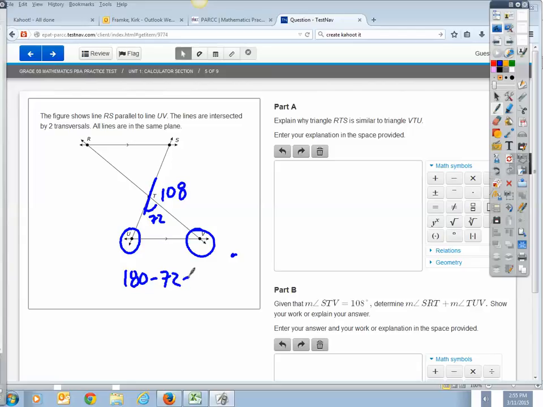Well, we already learned that's 108. And I understand that they're looking at angle SRT, but angle SRT, we've already said, is the same as angle TVU, because they are alternate interior angles. So therefore, the measure of these two angles are 108 degrees.